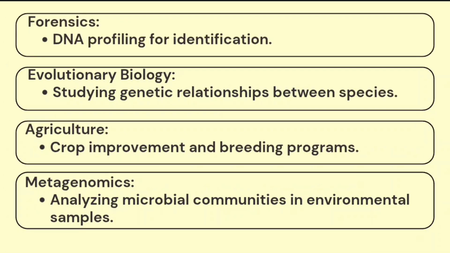In forensic sciences, it helps in DNA profiling for identification. In evolutionary biology, it helps in studying genetic relationships between species. In agriculture, we can use this to improve crops and in breeding programs. In metagenomics, it helps in analyzing the microbial communities in environmental samples.